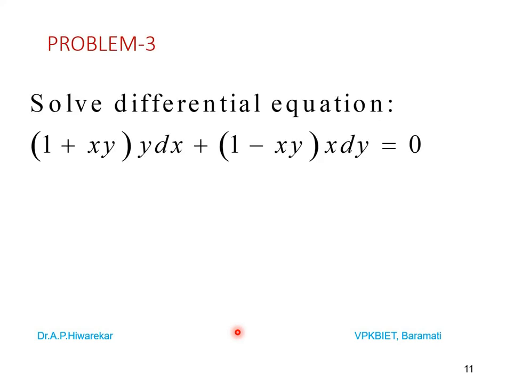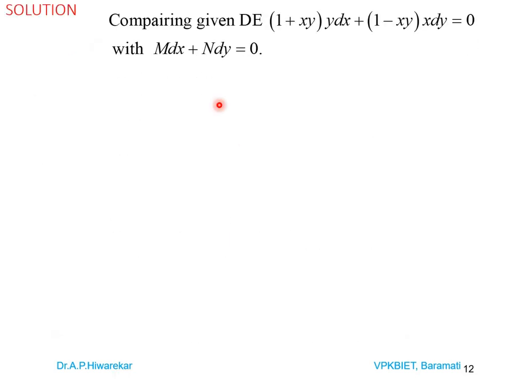So with this, we will go to problem number 3. Solve the differential equation (1 + xy)y dx + (1 − xy)x dy = 0. This is not in the form of variable separable. So we compare this equation with M dx + N dy = 0.